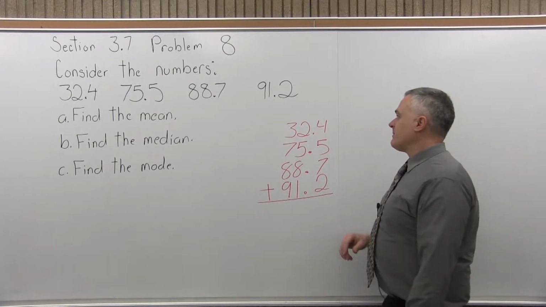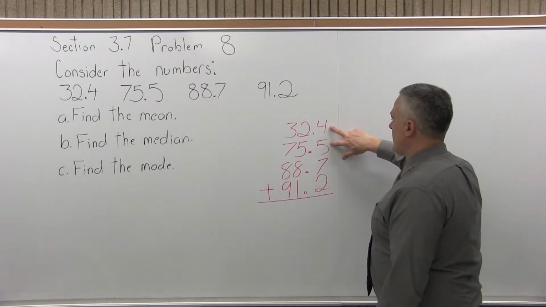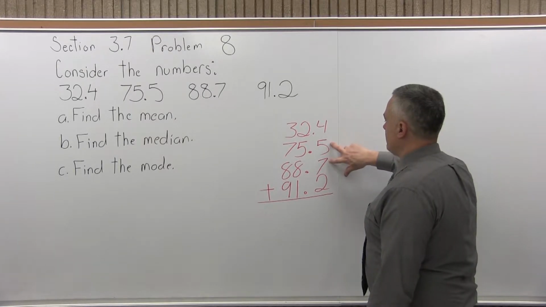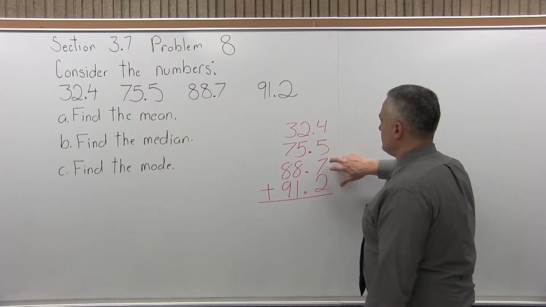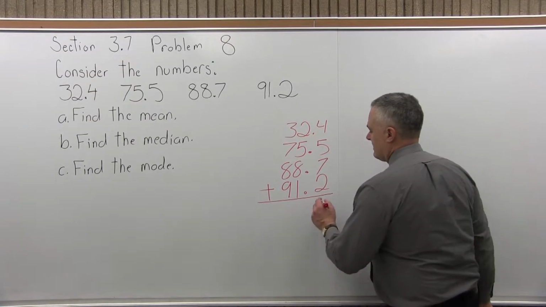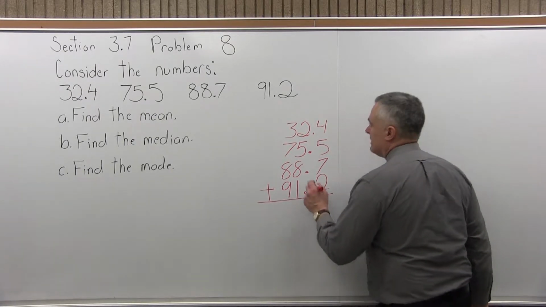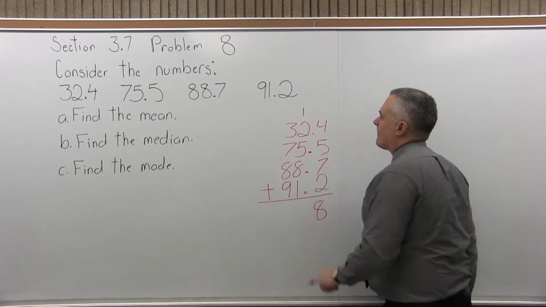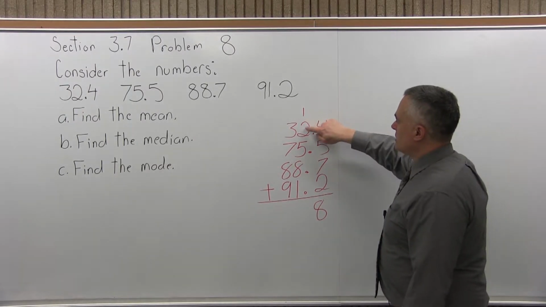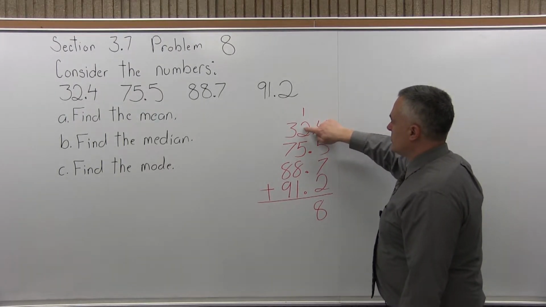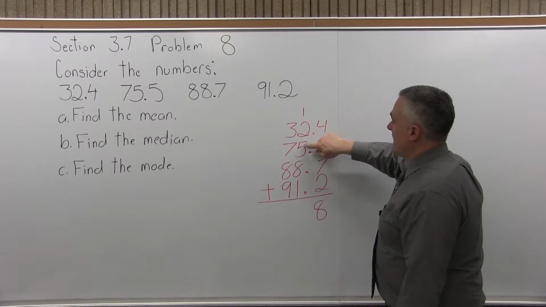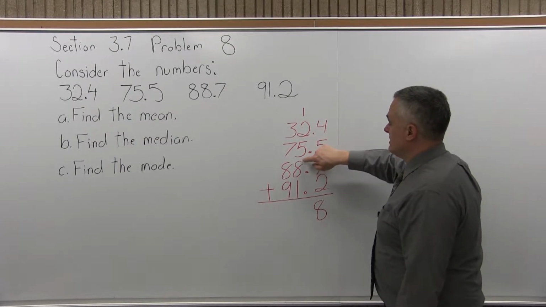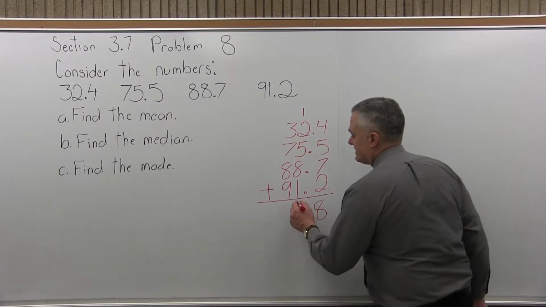And start adding. So 4 plus 5 is 9. 9 plus 7 is 16. 16 plus 2 is 18. Write the 8, carry the 1. So 1 plus 2 is 3. 3 plus 5 is 8. 8 plus 8 is 16. 16 plus 1 is 17.